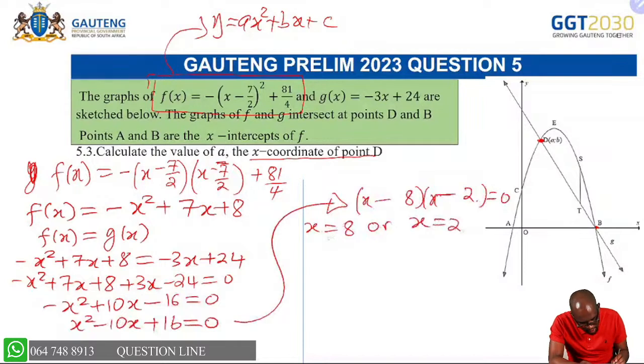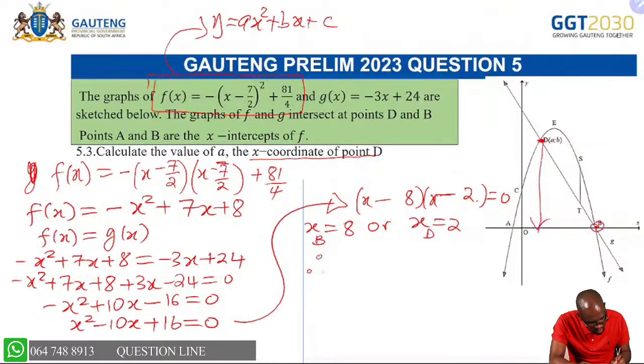So you can see that at D, x is equal to 2 and at B, x is equal to 8, because the x value at D is less than the x value at B. So the bigger one belongs to point B.